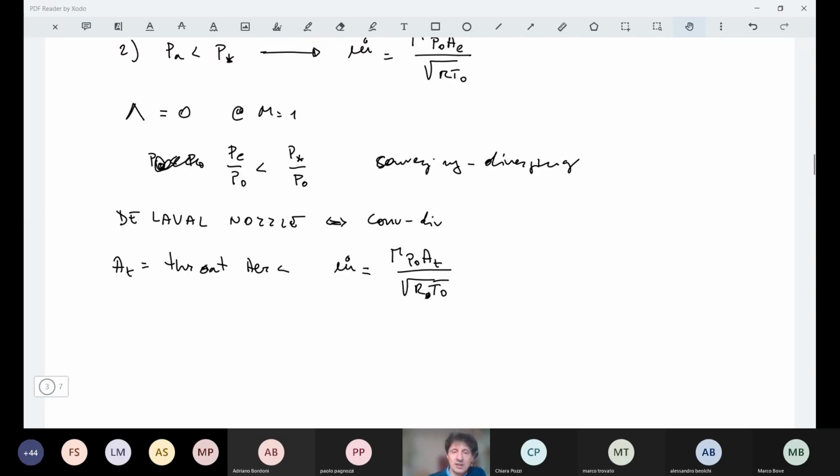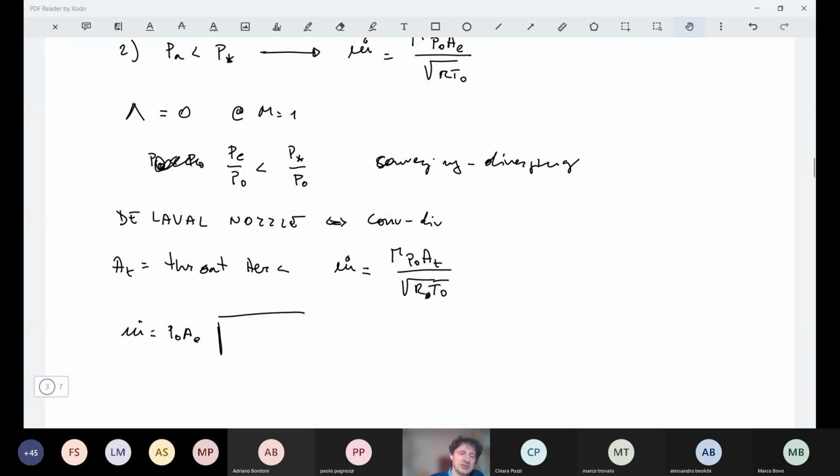So the expression of Saint-Venant says that dot M is P0 AE and then so on, square root of. Before, we considered that this AE is constant, or better, it is the exit area, and we see the effect of ambient pressure.